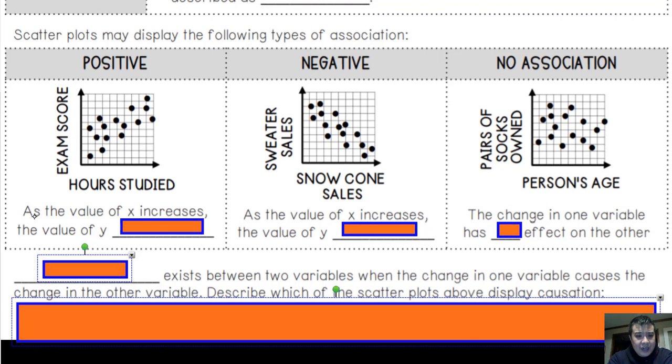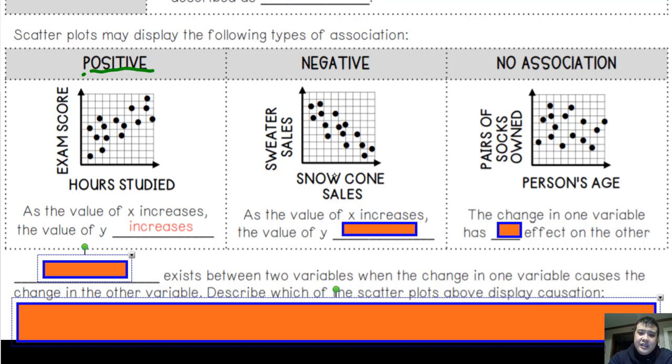Here, as the value of x increases, the value of y seems to increase. Here we have hours studied and exam score. The more you study, it seems the higher scores you get. This is called a positive correlation. The more you do, the more you get.